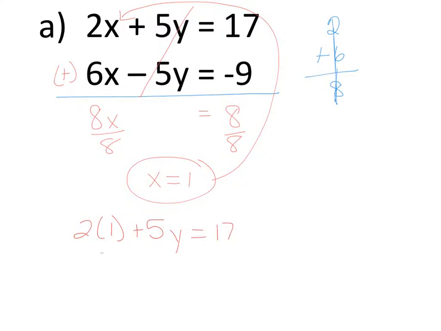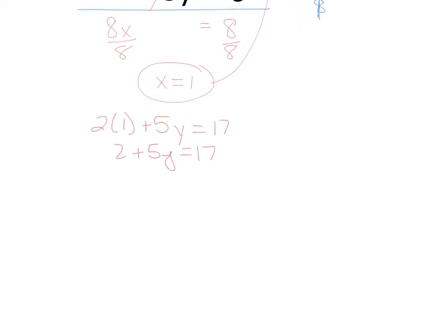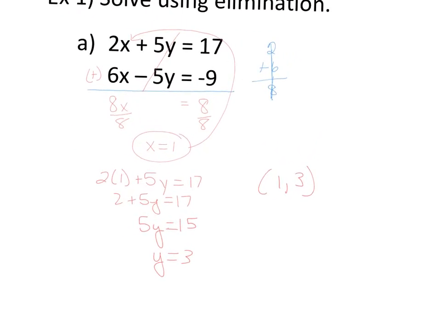Now just solve your equation. 2 plus 5y equals 17. Subtract the 2 off, so 5y equals 15, and then divide, and you get y equals 3. So your coordinate point will be 1, 3. That's what elimination will look like.